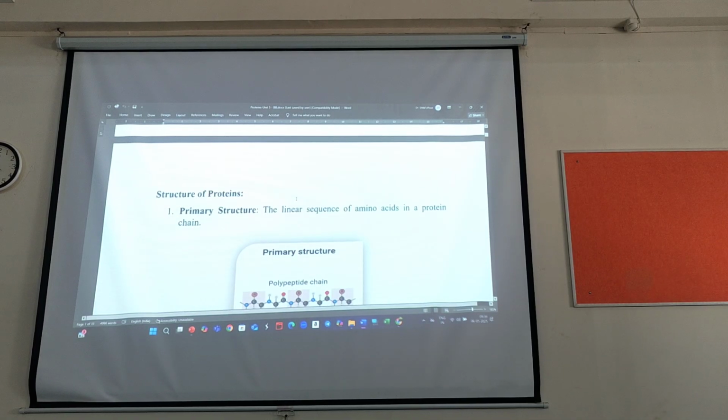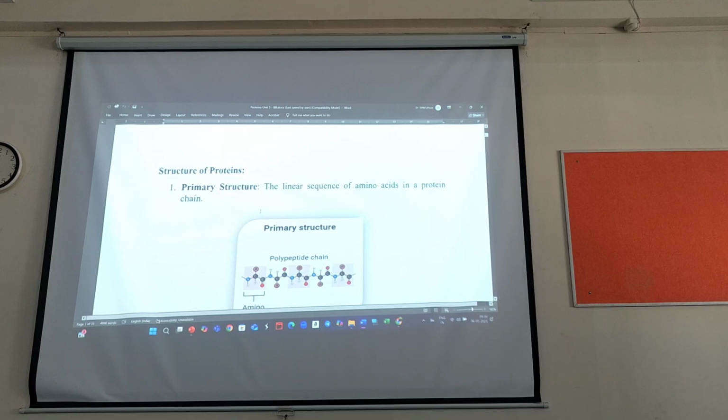So let's see the structure of proteins. The first one is the primary structure. This is the linear sequence of amino acids. Different types of amino acids are in the sequence, but in a linear position, a straight line in a protein chain.